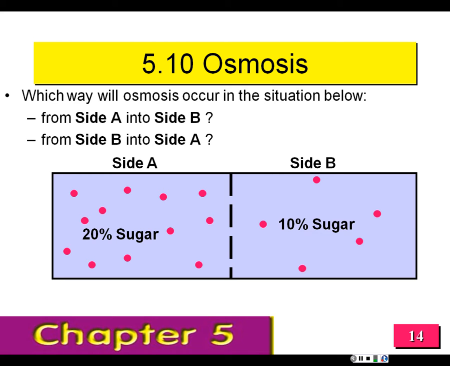Which way should it go? B to A, high to low. So everybody immediately looked at the sugar and messed yourself up. That's the solute. We weren't talking about dialysis through a semi-permeable membrane. We were talking about osmosis through a semi-permeable or selectively permeable membrane.